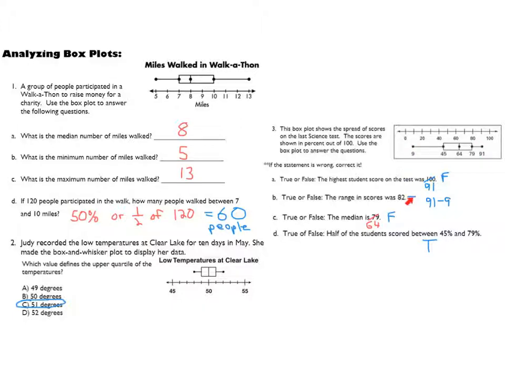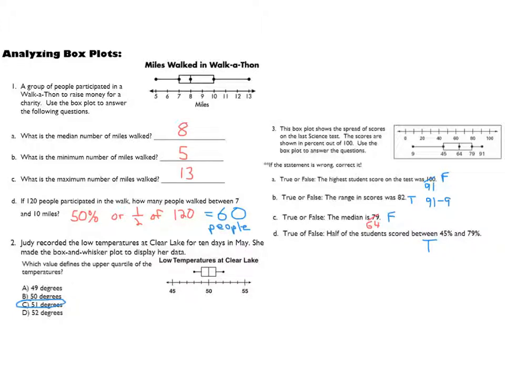That is true. The median is 79. 79 is our upper quartile, not the median. The median is 64. And then half of the students score between 45 and 79. Well, between 45 and 79 is 2 sections, and 2 sections adds up to 50%, which is the same as 1/2. So that answer is true.